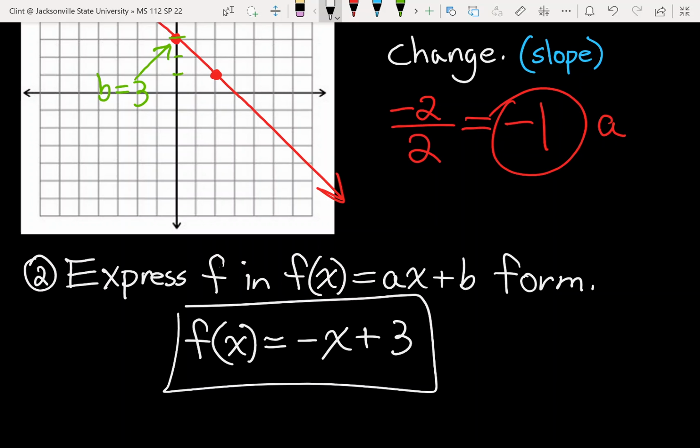Questions on that one? Just really getting familiar with the slope and the y-intercept. They're important.